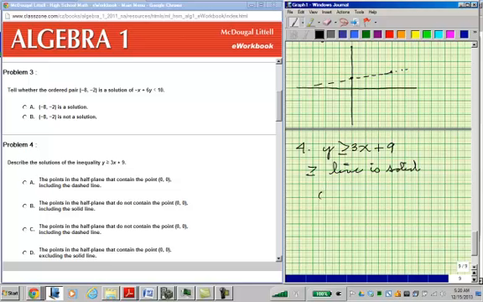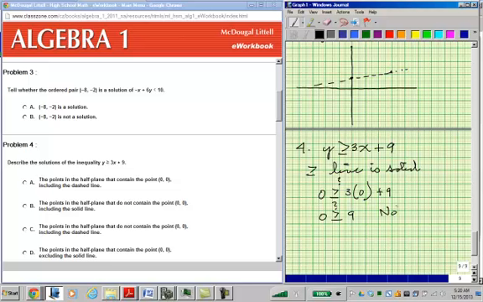So is 0 greater than or equal to 3 times 0 plus 9? So is 0 greater than or equal to 9? No. So 0, 0 is not part of the solution region.